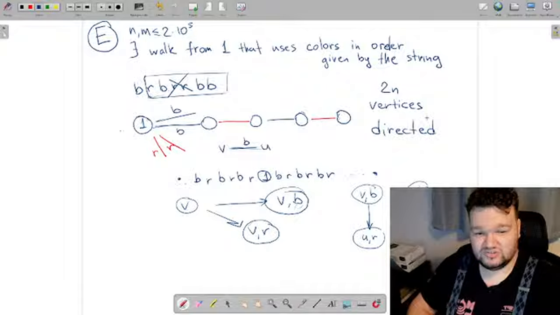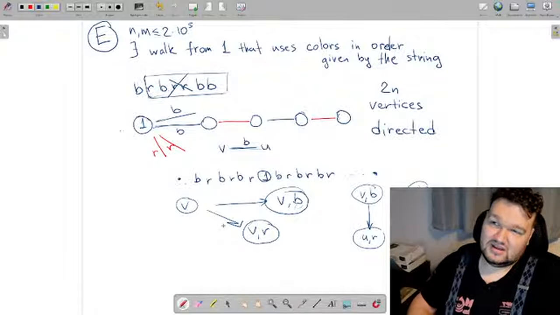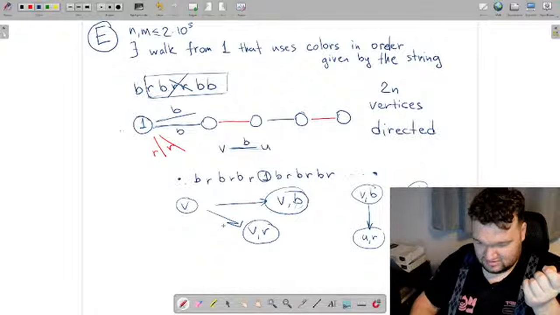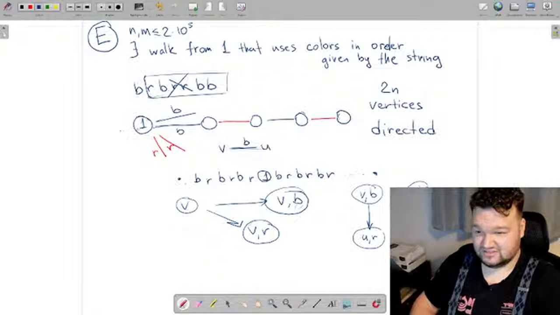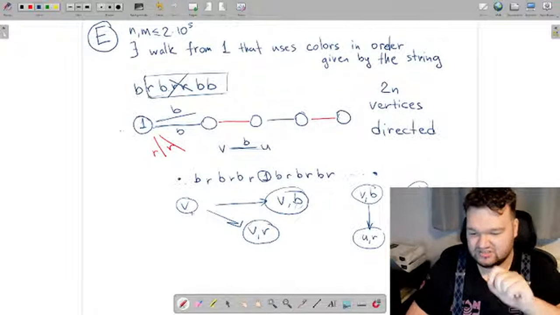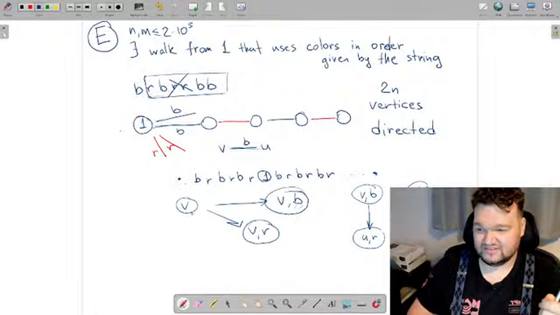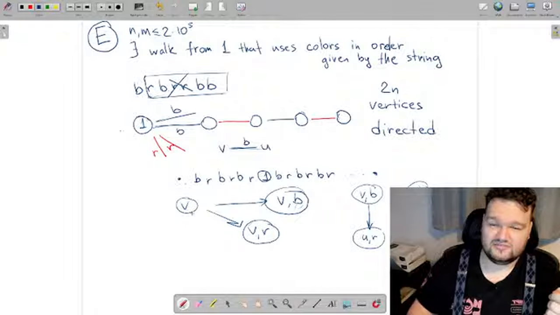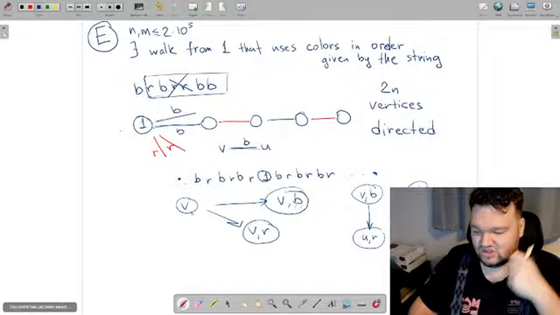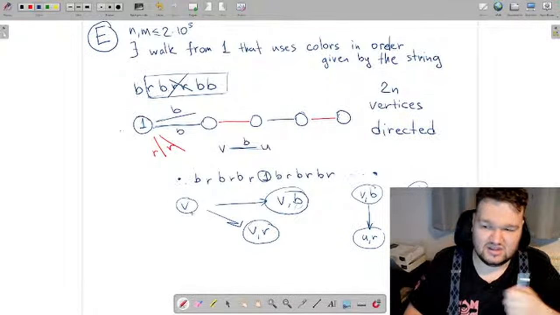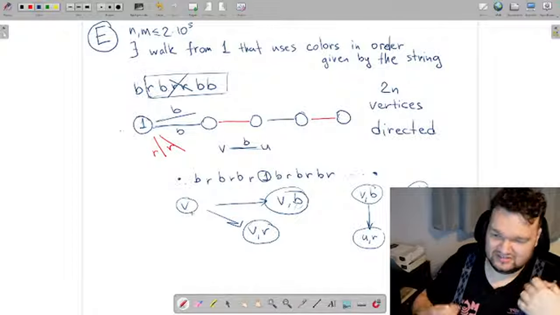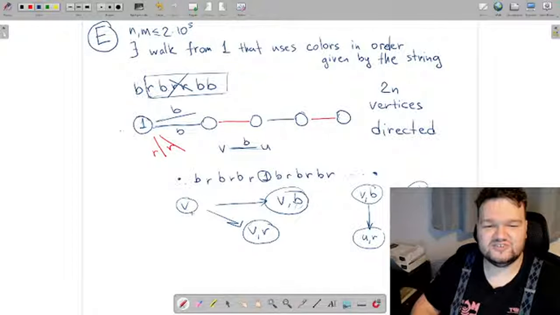Now in this new directed graph, we can choose where we start, in vertex 1 blue or vertex 1 red. Then we just move through the directed edges. So for those 2 starting vertices, we want to find the longest directed path one can traverse. And you can do it in many different ways.